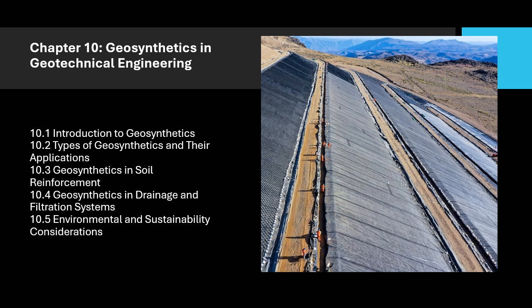10.2.3 Geogrids. Description: Geogrids are polymeric materials designed to reinforce soils and improve the stability of structures. They are typically manufactured in a grid-like pattern, providing high tensile strength and the ability to spread loads over a large area.